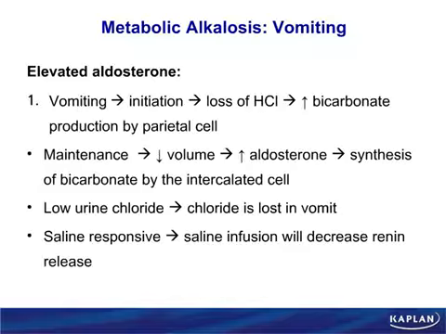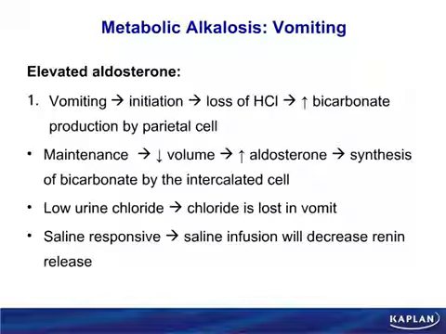Vomiting. In patients that are vomiting, you get a metabolic alkalosis. The initiation is loss of hydrochloric acid from the stomach. You can also see this with nasogastric suctioning. This leads to an increased production of bicarbonate by parietal cells, and the blood leaving the stomach has a high bicarbonate.